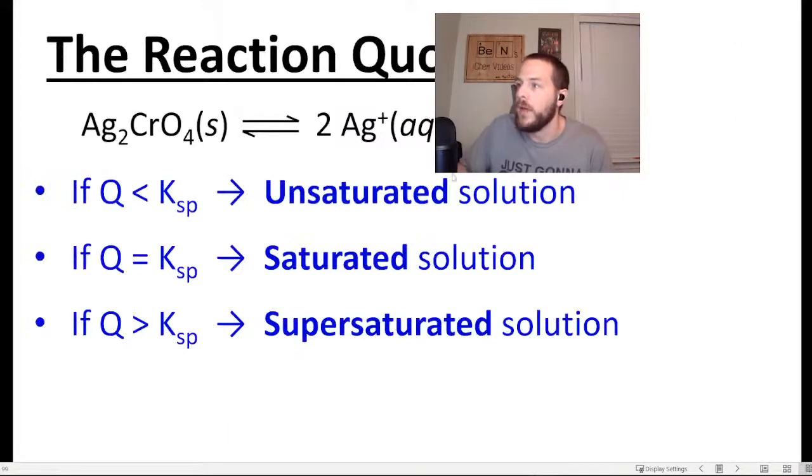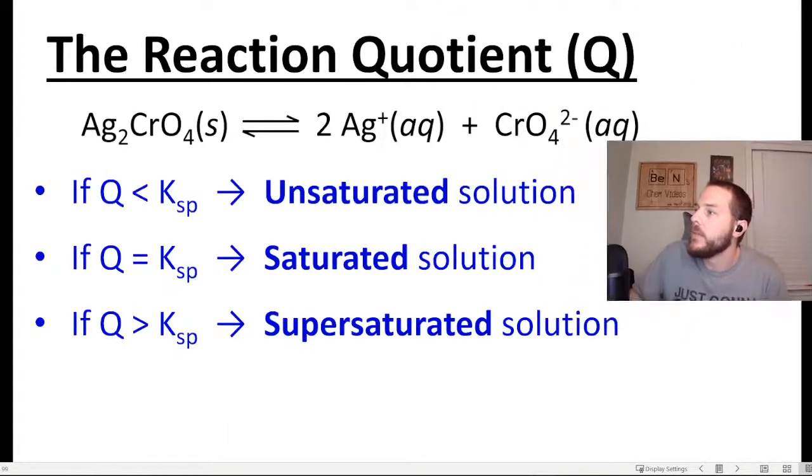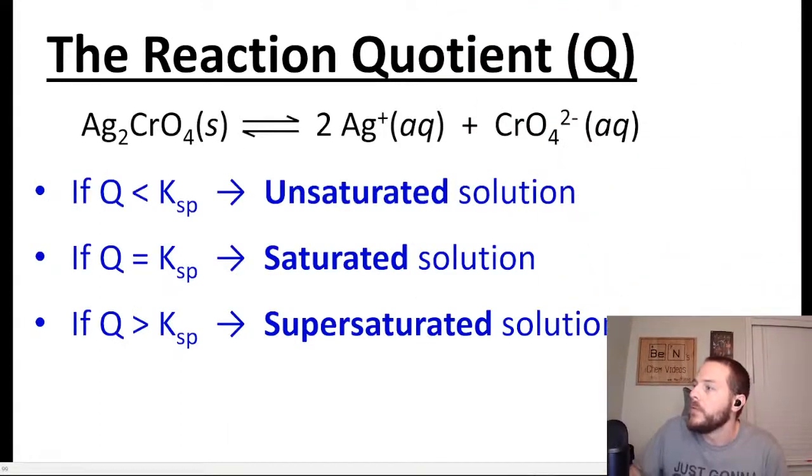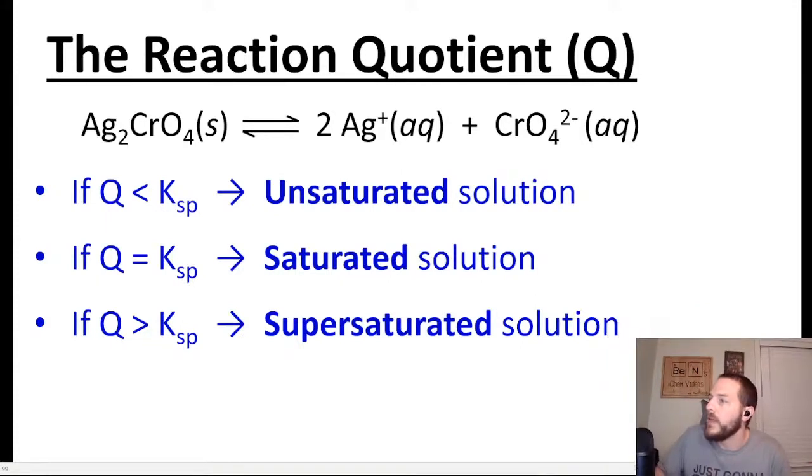So if we go to the next slide here, as I move myself out of the way, basically if Q, the reaction quotient, is less than the value of KSP, the solubility product constant, then what you have is called an unsaturated solution. You have an aqueous solution that can dissolve more ions if they were available.